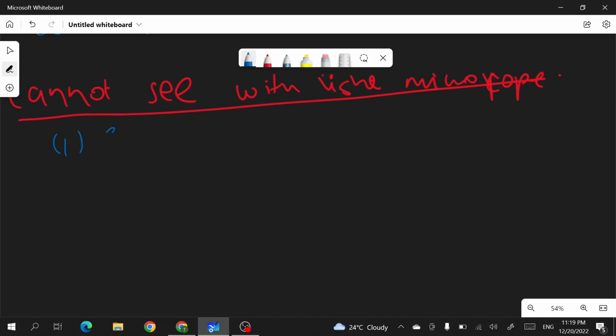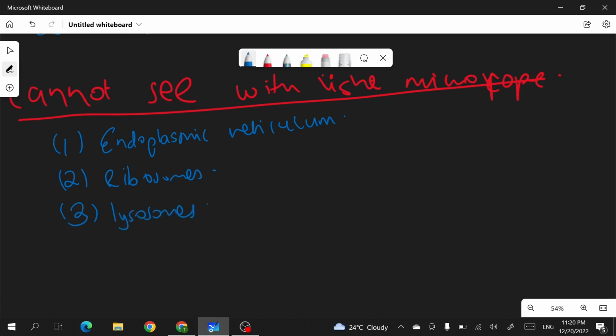The endoplasmic reticulum, ribosomes you can't see, lysosomes you cannot see, Golgi vesicles, and yes, all of them.